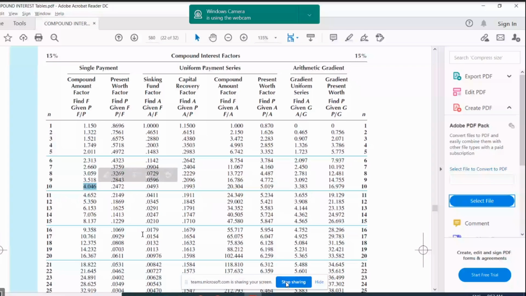Under F by P, corresponding to n equal to 10, I will be getting the compound amount factor to be 4.046 for i equal to 15%.